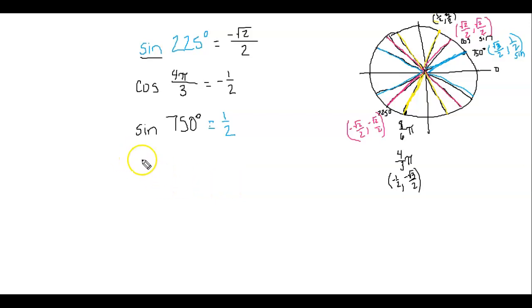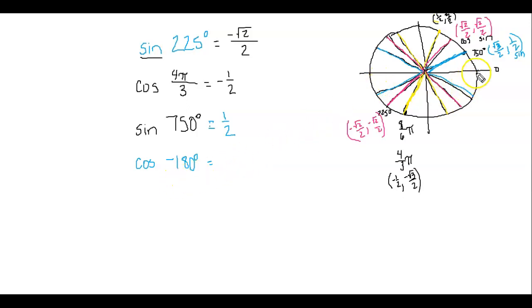Now, what if we wanted to find the cosine of negative 180 degrees? And we were trying to figure out what that is equal to. So here's where you do have to make sure that you're paying attention. If the angle is negative, it's not telling you that the sine or the cosine will necessarily turn out to be negative. It's telling you that you're counting your angle going clockwise instead of going counterclockwise.